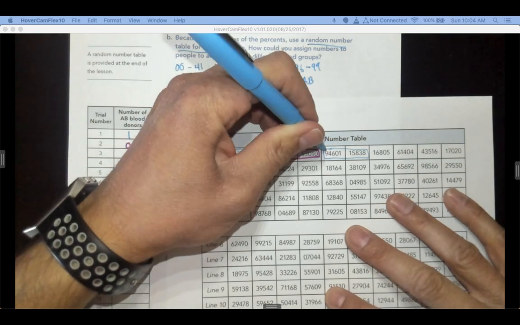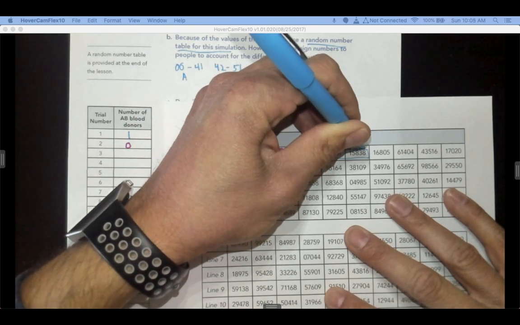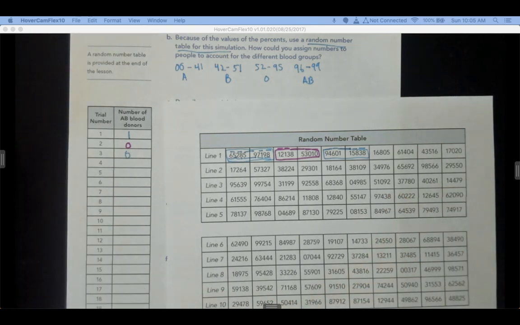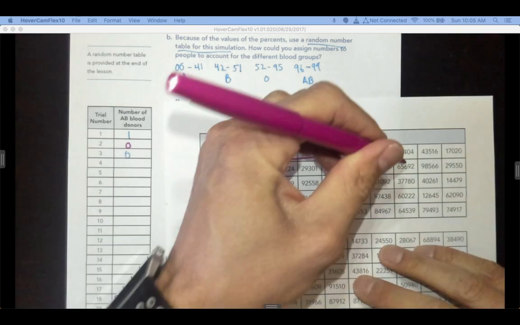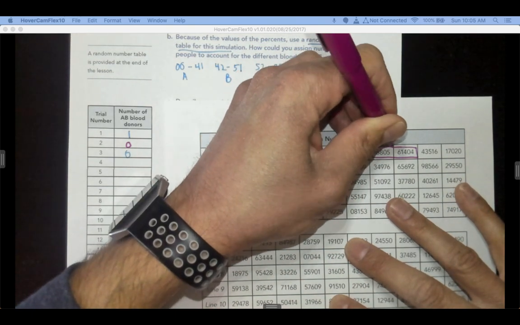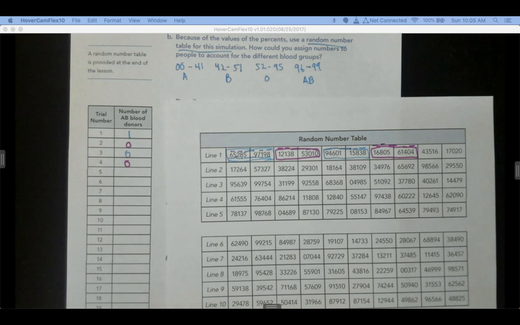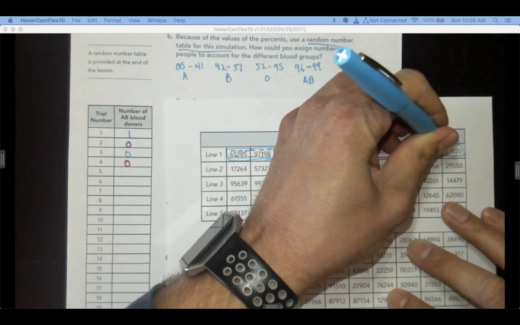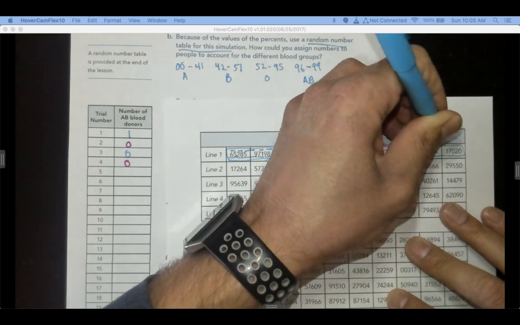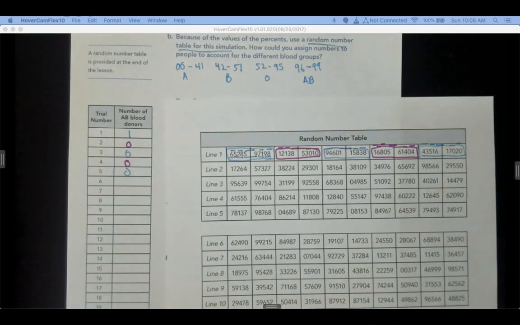Then 94, 60, 15, 11, 58, 38 has 0 people with AB donors. Okay. 16, 80, 56, 14, 4 has 0 people with AB donors. 5, 43, 51, 61, 70, 20 has 0 people with AB donors.